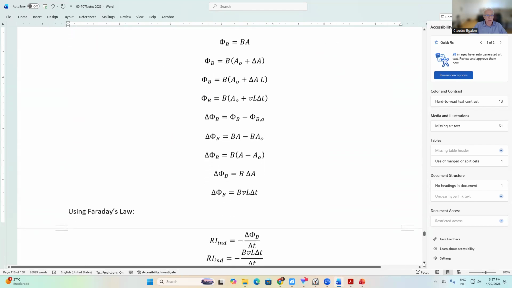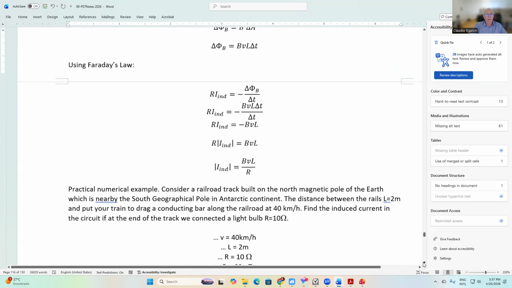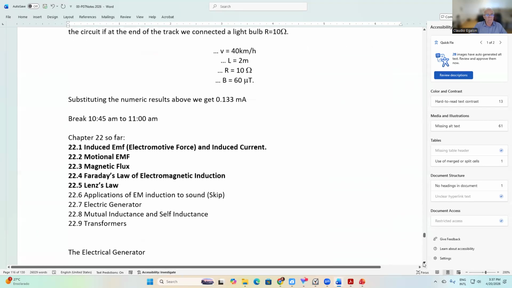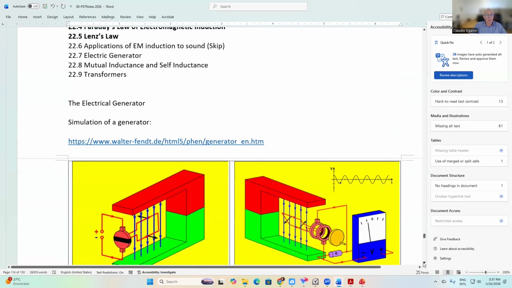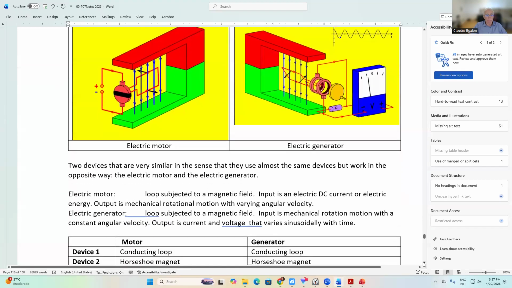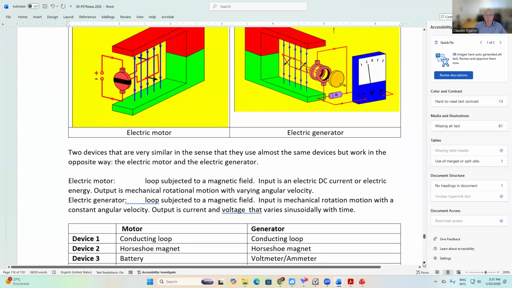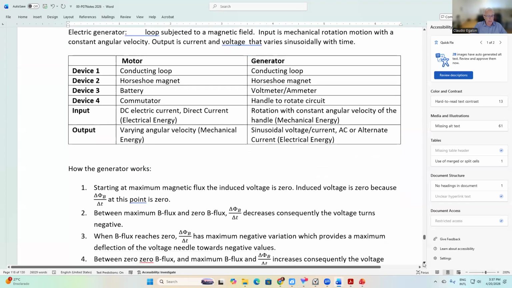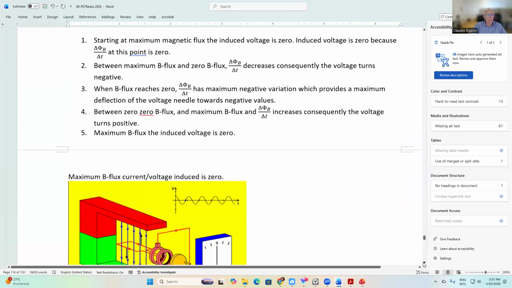Magnetic flux, the same idea as the electric flux. So there is nothing new about that. We talked about the electric motor and the electric generator, the electric generator in this chapter.